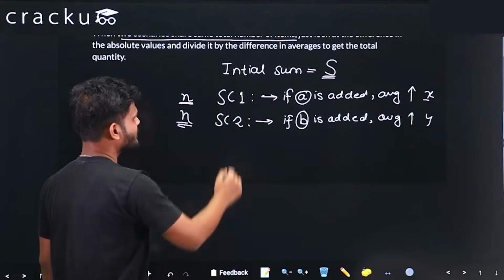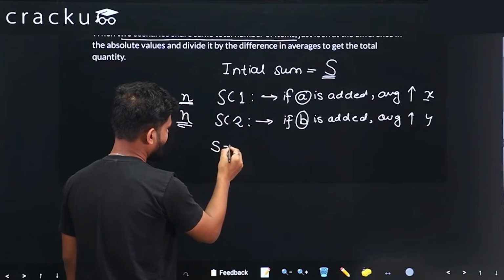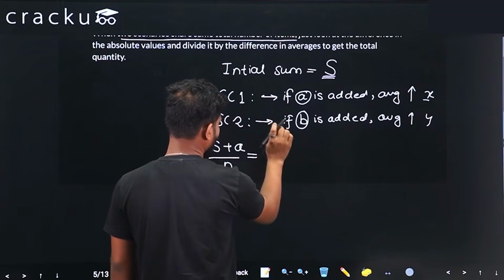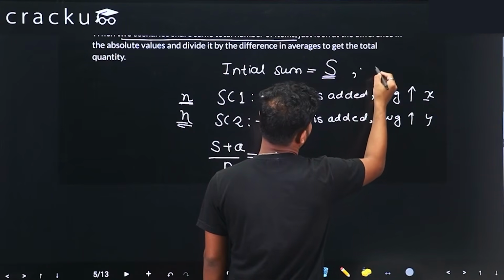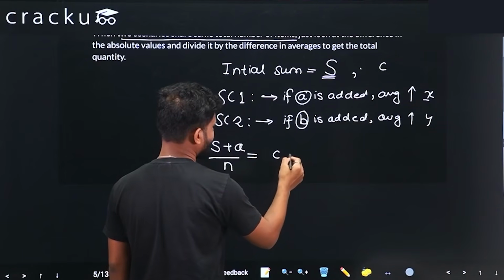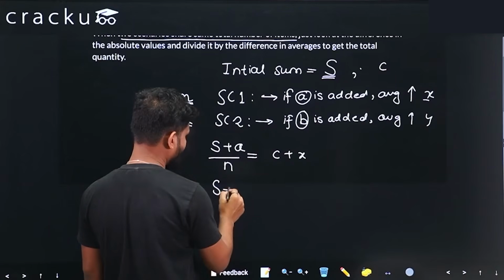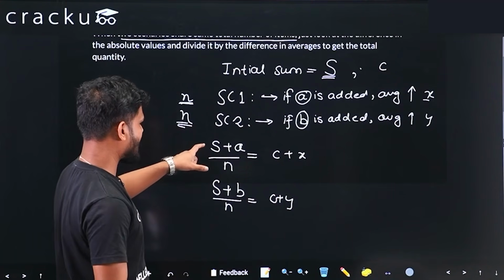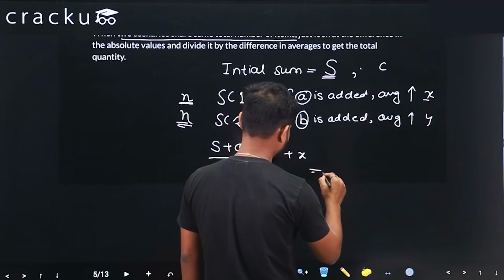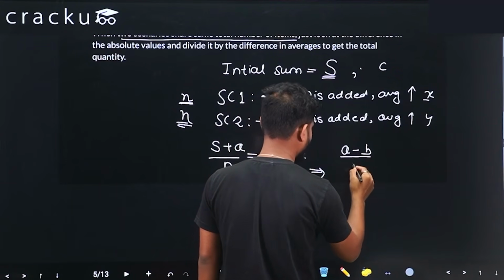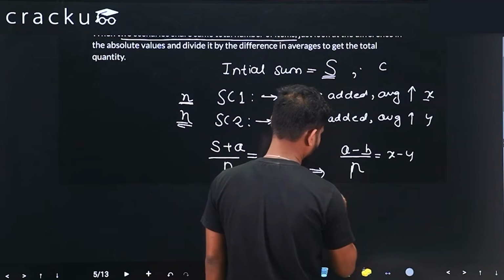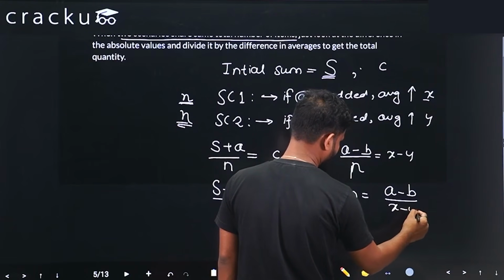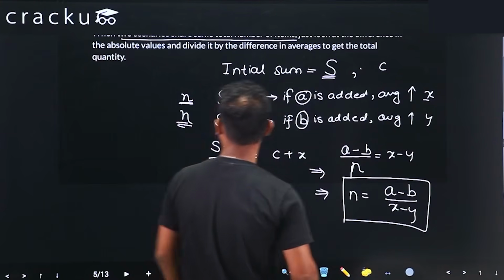So from scenario 1 we can write S plus A divided by N is equal to the initial average, for example, C, plus X. In another scenario, it will be S plus B divided by N is equal to C plus Y. Now, if you subtract the second equation from the first equation, you will get A minus B divided by N is equal to X minus Y. So from here, N is nothing but A minus B divided by X minus Y. This is what our shortcut says.